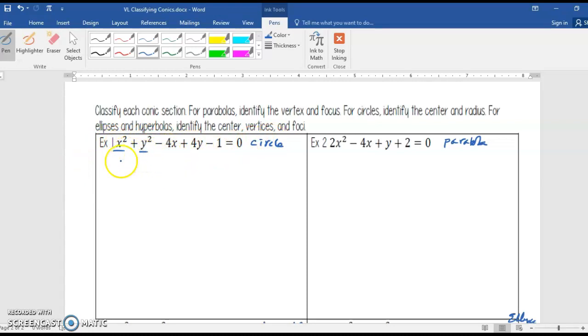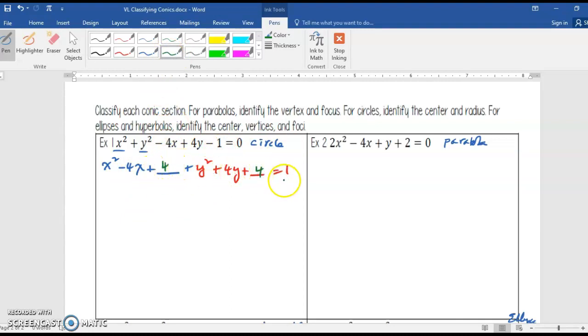So here it is a circle. You would first group all the x terms, then all the y terms. So this is more like a recap of the whole unit. Push the constant to the other side. The blank is going to be 4 here, another 4.